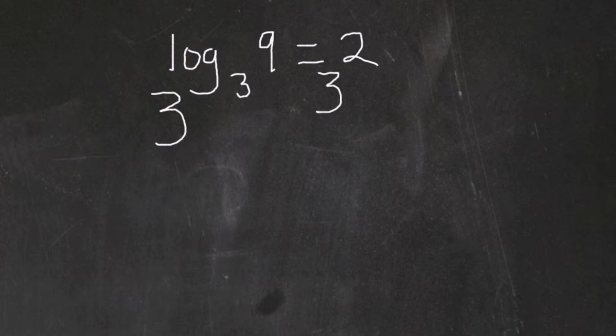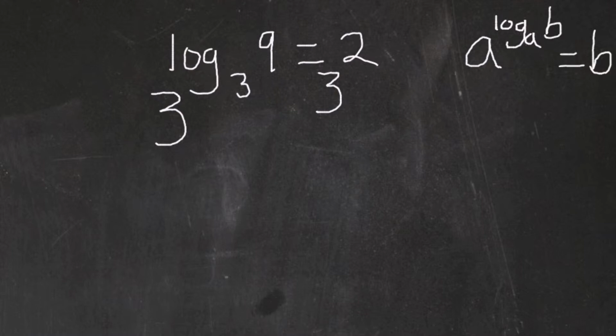Now there's a property in logs that says if I have a number a raised to an exponent of log base a of b, this is going to equal b, because the big base and the base of the log cancel out.